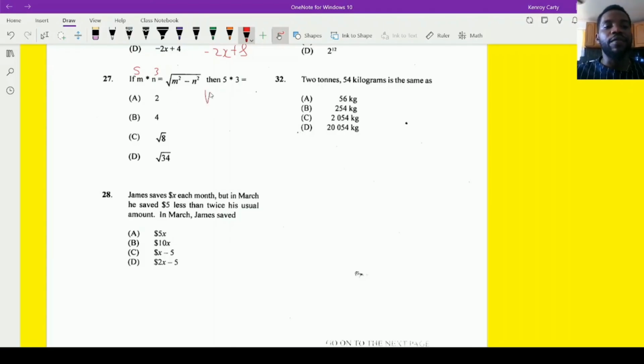So I'm going to have the square root of 5 squared minus 3 squared. Now 5 squared is 25, so I'm going to have 25 minus 3 squared is 9. So I have the square root of 16, which turns out to be 4. So the answer is B as in boy.